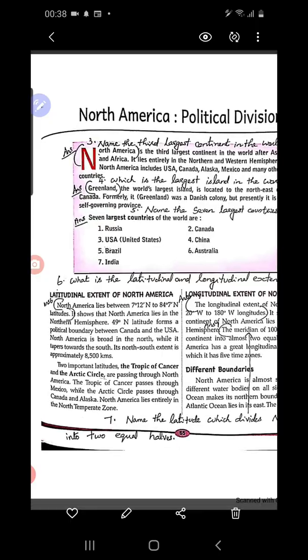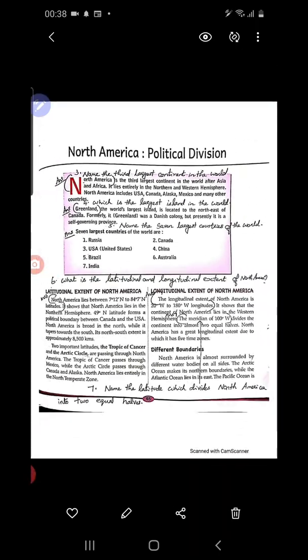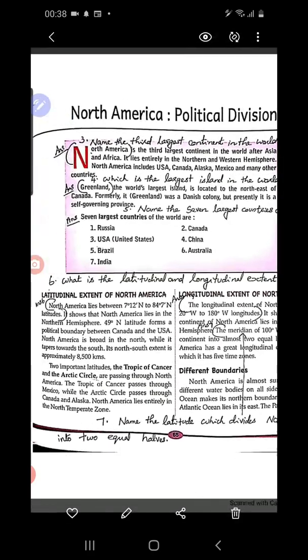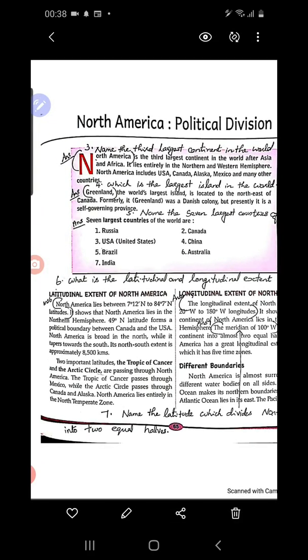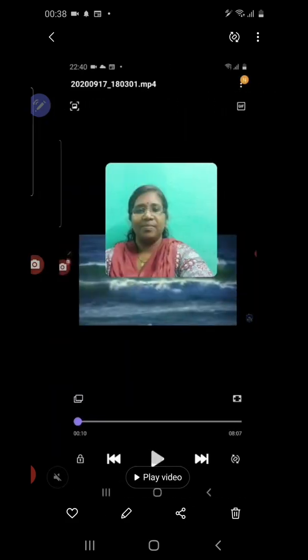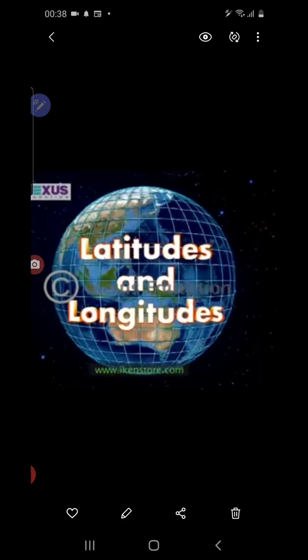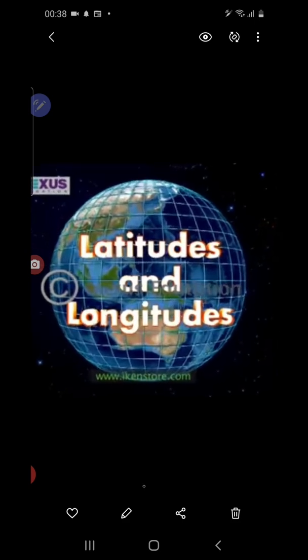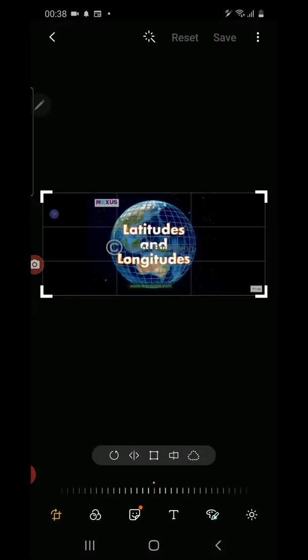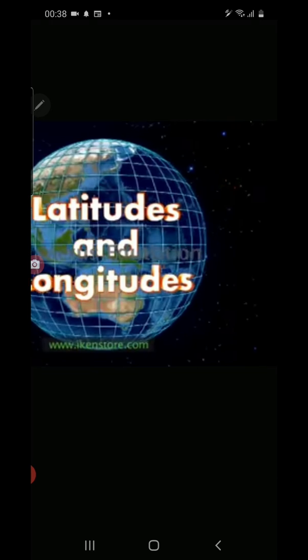So the next question is: what is the latitudinal and longitudinal extent of North America? In order to know that, we have to learn certain facts. Already I have explained to you about latitudes and longitudes in the first semester portion. You have studied very clearly what latitudes and longitudes are.